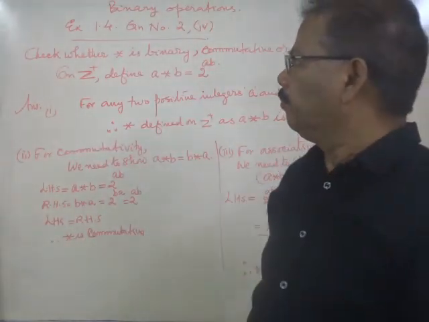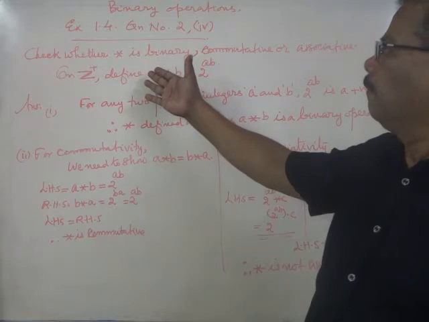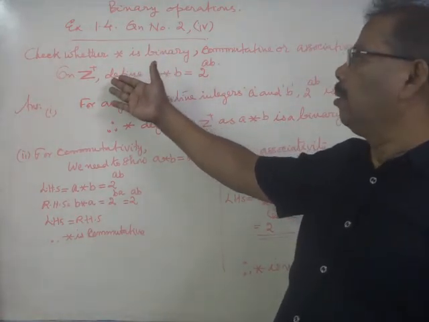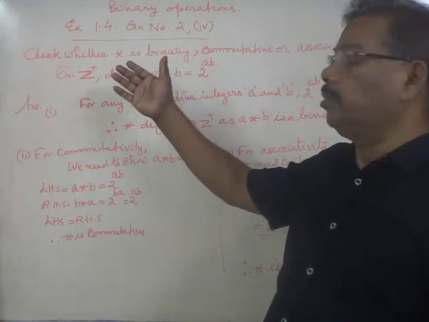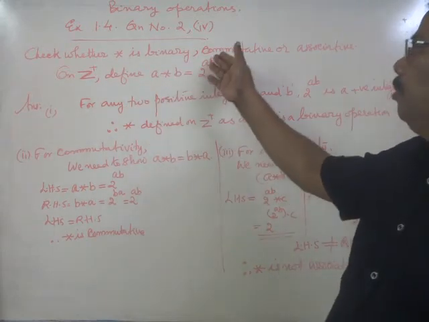Once again, you are given an operation star on positive integers. How is a star b? a star b is given as 2 raised to ab.